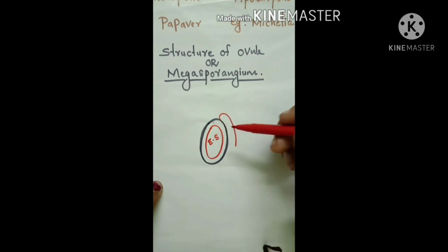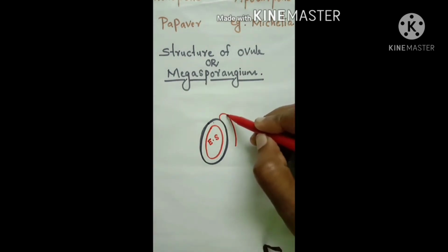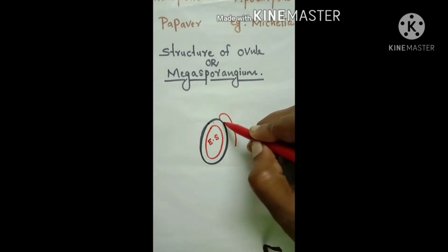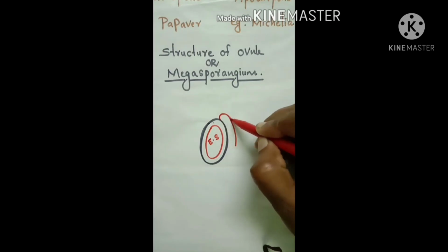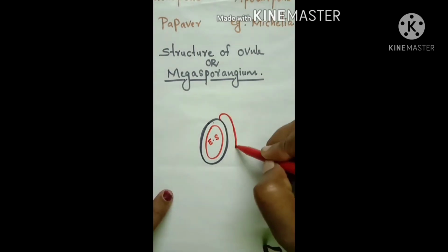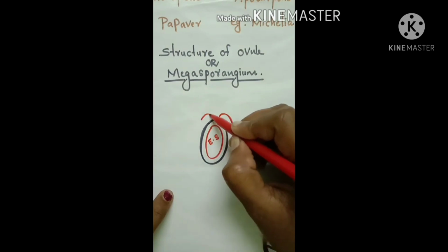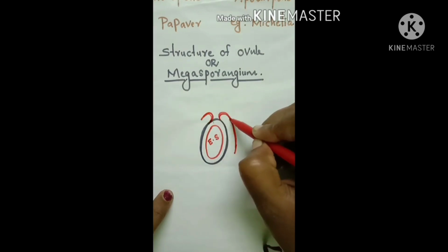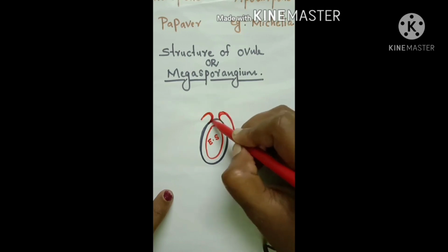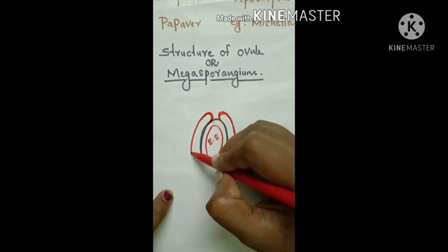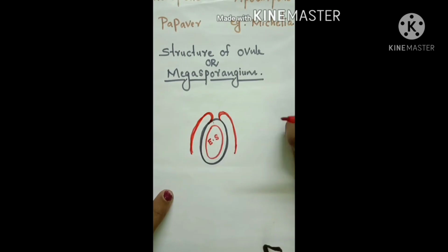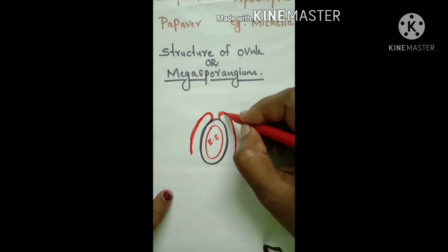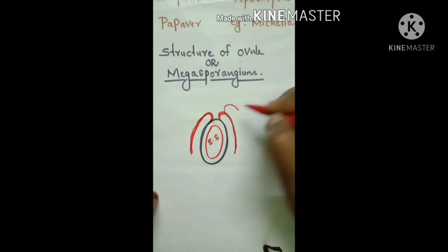This nucellus is encircled with 2 outer coverings. They are called integuments. This is the inner integument. Here also we can see the inner integument. So integuments are what? The coverings around the nucellus. Next we can see the outer integument.